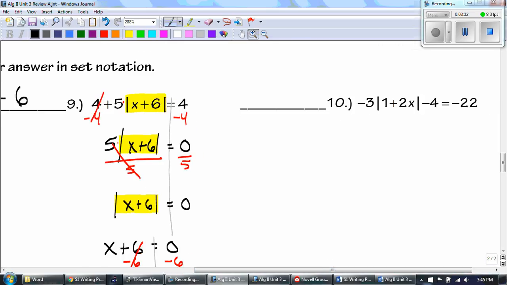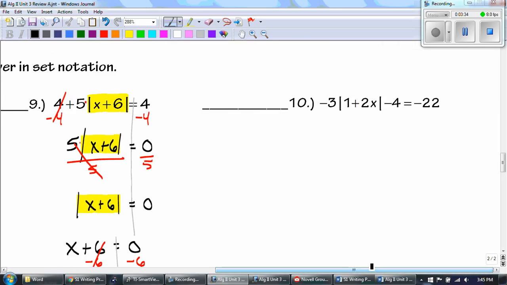All right, number 10. Get the absolute value by itself. You can't say no solution. Remember, not yet. So I add 4 to both sides. We have negative 22 plus 4, which is negative 18.